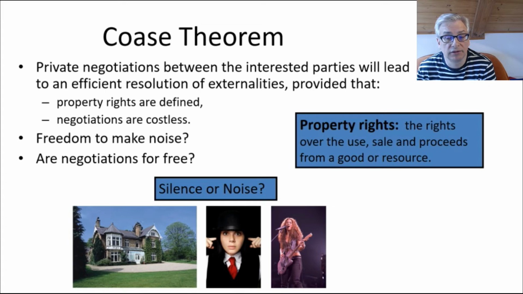Scenario A, or A1. Dr. Jekyll owns the right to silence. And this right to silence represents some value to him. Let it be 500. Mr. Hyde wants to play music and values this kind of entertainment at 600. Well, can they solve their problem?